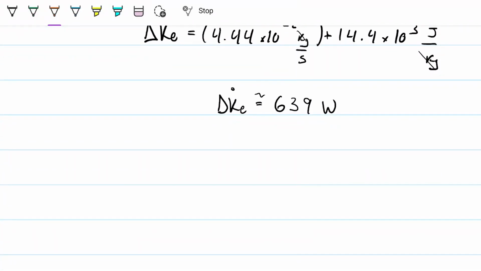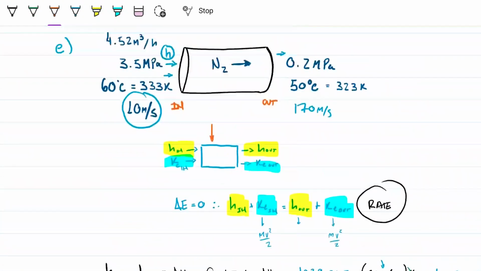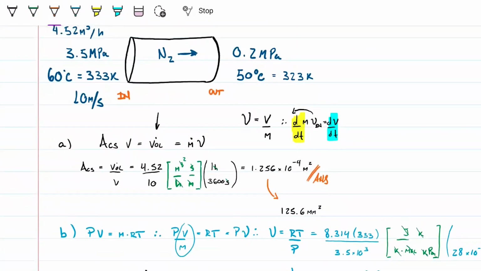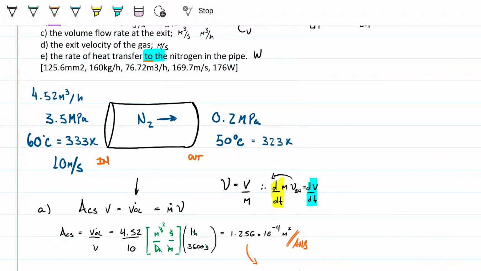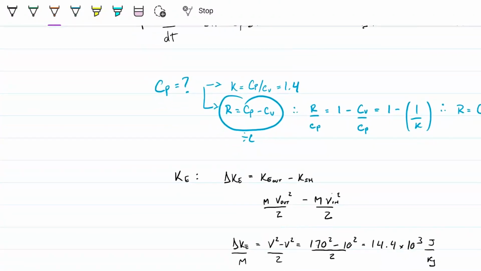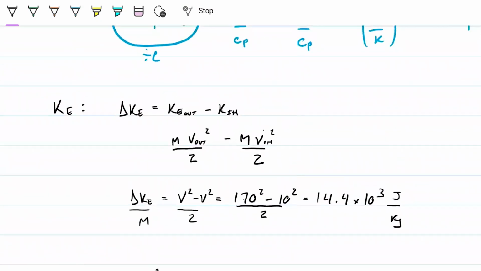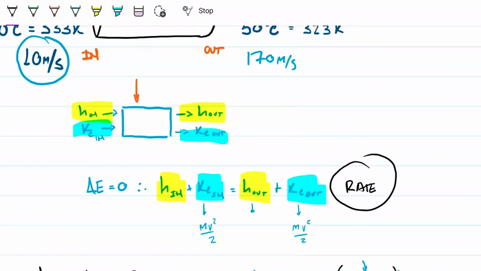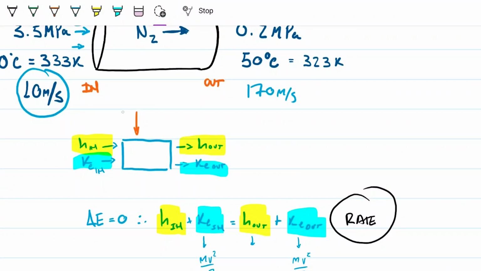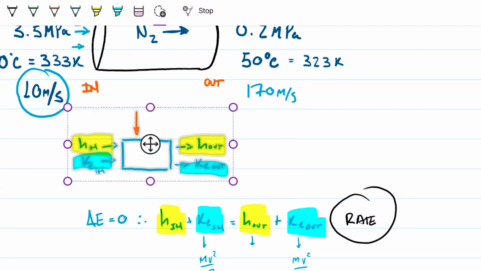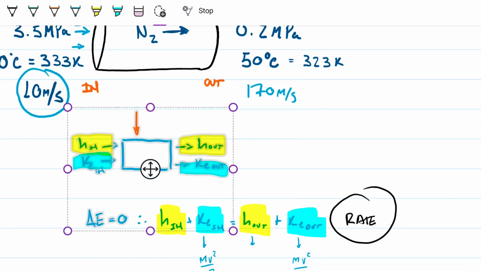Okay, so what's the actual question that we need to answer? What's the rate of heat transfer to the nitrogen? Okay, the rate of heat transfer to the nitrogen will be, back to this idea here, and actually this idea here too.